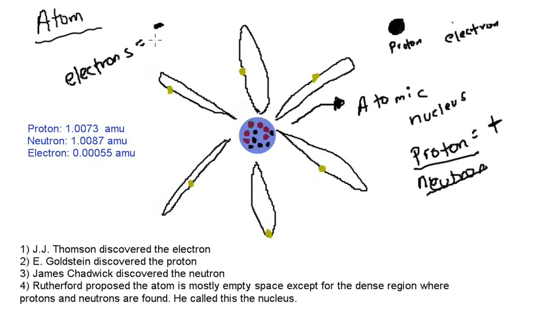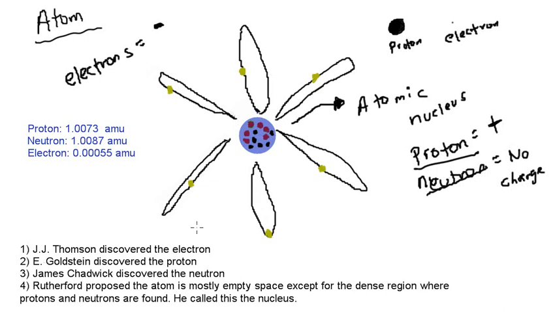Electrons have a negative charge, and protons have a positive charge. Neutrons have no charge. Neutrons are neutral. That's how you can remember: neutrons, neutral; protons, P for positive; and electrons are negative.